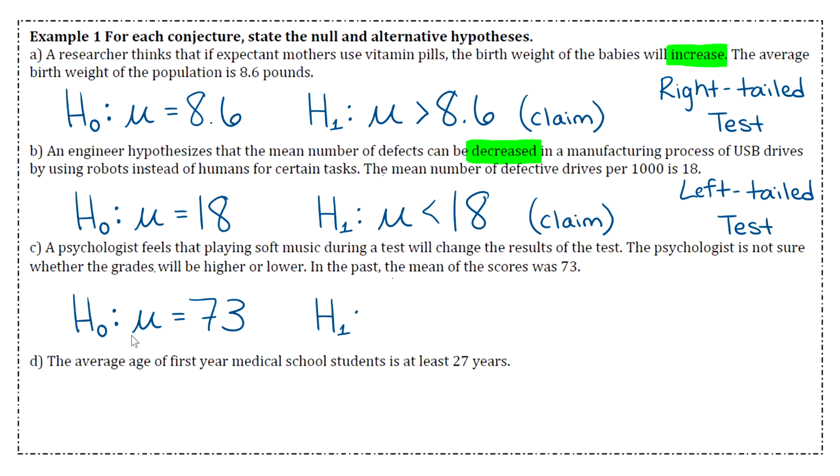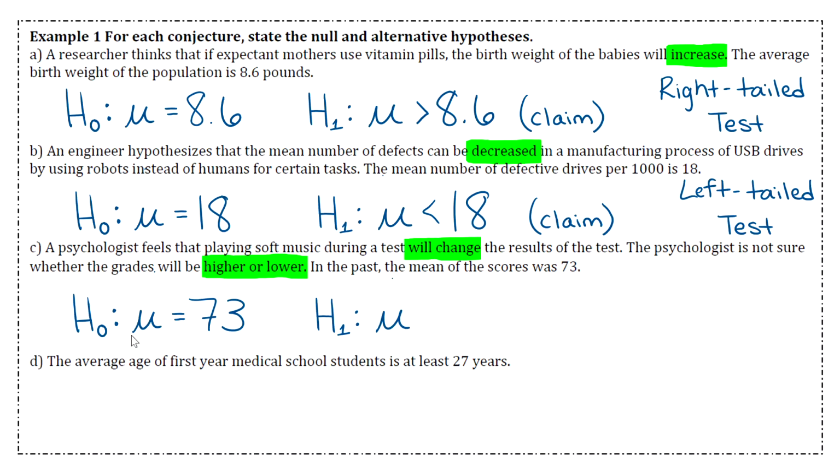And then for H1, if I read the context of the question again, it says that a psychologist feels that there will be a change, and then it clarifies a little more and says they're not sure whether the grades are going to be higher or lower.